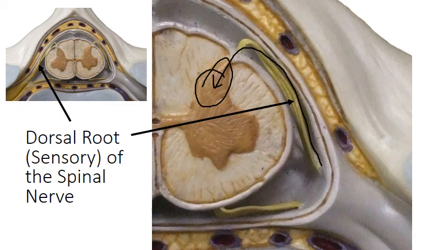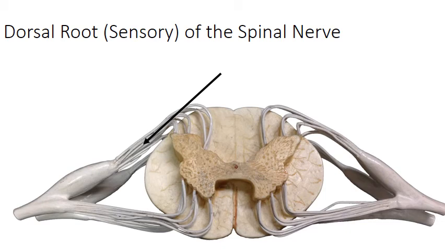The cell bodies in this area process the sensory information. And we can see the dorsal root shown here as well. So here's our posterior or dorsal root ganglion where the cell body of the sensory neuron is, and it sends its axon into the posterior portion of the spinal cord, the gray horn.